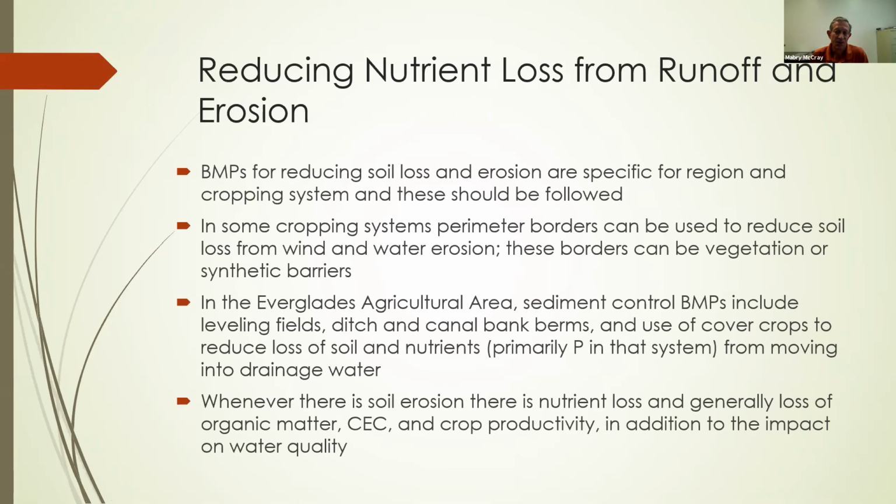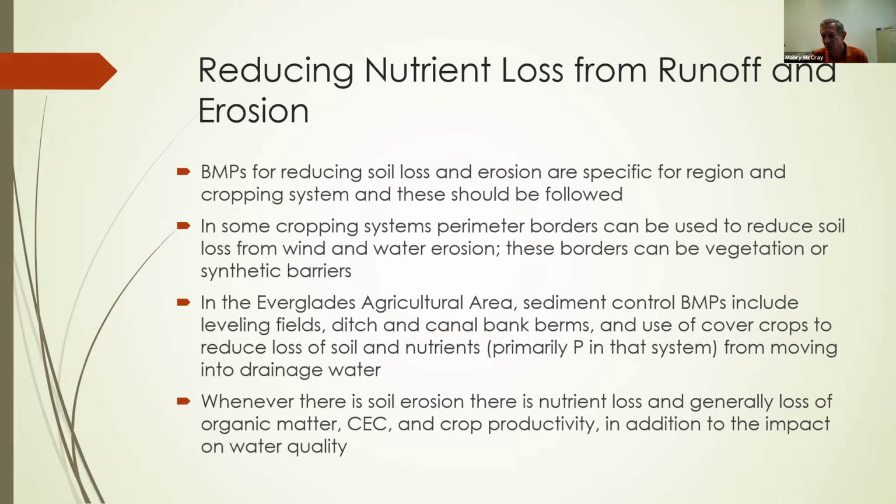These borders can be either vegetation or synthetic barriers. In the Everglades ag area, we have sediment control BMPs that include leveling fields, ditch and canal bank berms, and use of cover crops to reduce soil and nutrient loss. That system is not designed primarily for loss of phosphorus, but those kinds of BMPs can also be important for nitrogen.